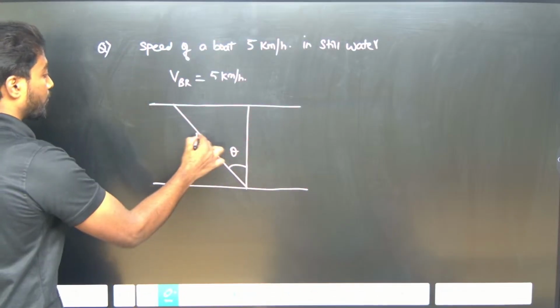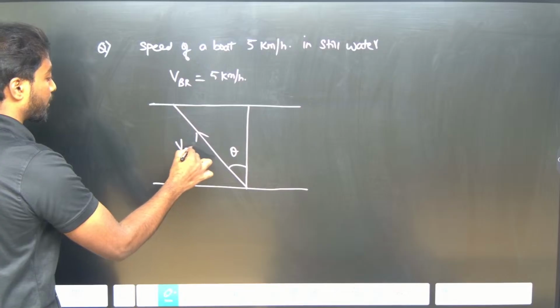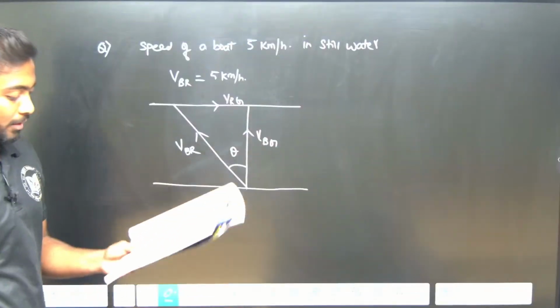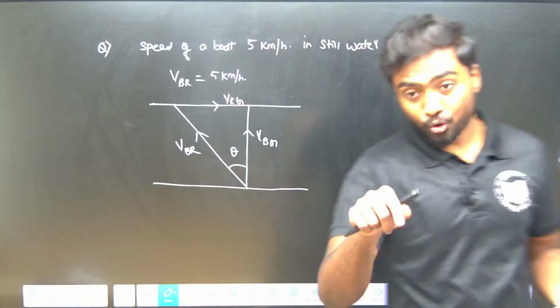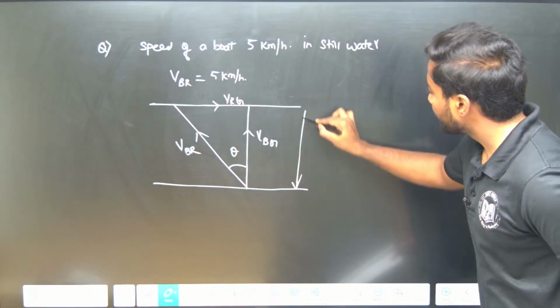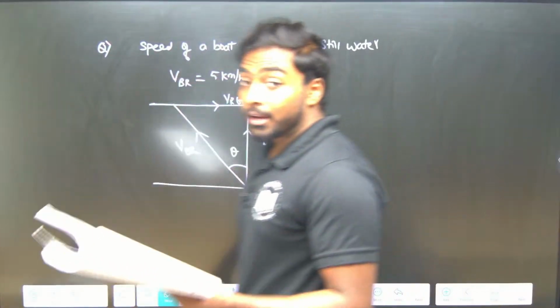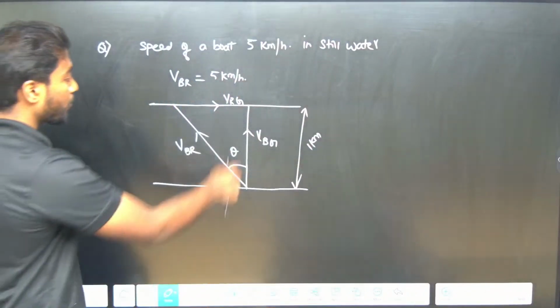Theta, velocity of boat with respect to river, velocity of boat with respect to ground, velocity of river with respect to ground. How much are they given? The width is 1 km, right? And this they have crossed in 15 minutes.